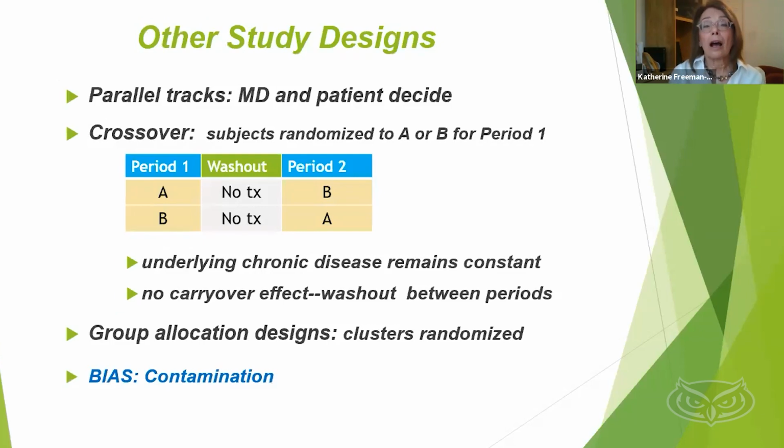Okay. Other study designs that were conceived in the era of early HIV trials involve what's called parallel tracks, where the physician and the patient decide what treatment the patient will get.